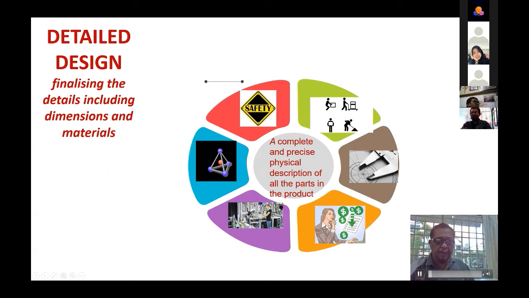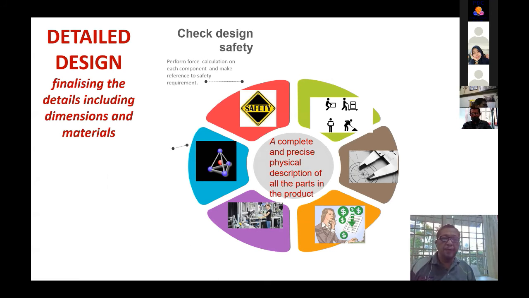This is actually getting into the nitty-gritty of things. What do we do? First, we check the design. Does the design or the element that we created comply with the safety requirement? This is set by the World Health Organization.